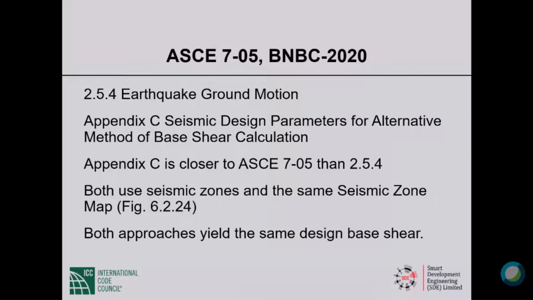If you follow Appendix C rather than some of the things in the main body, you are closer to ASCE 7-05. But what is in the main body of BNBC, which is a carryover from the past, gives you exactly the same answer.